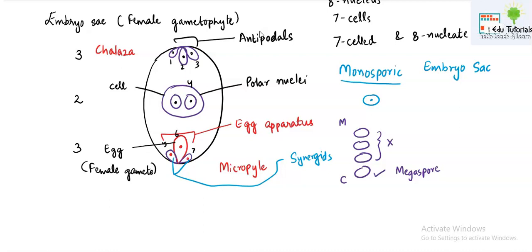What happened actually? This was our 1 megaspore with the haploid nucleus. It went into 3 mitotic divisions as told by me in the previous video. So first mitosis will produce 2 nuclei. Then second mitosis will produce 4 nuclei, and when third mitosis happens, then from 4 how many nuclei will be there? 8 will be there.